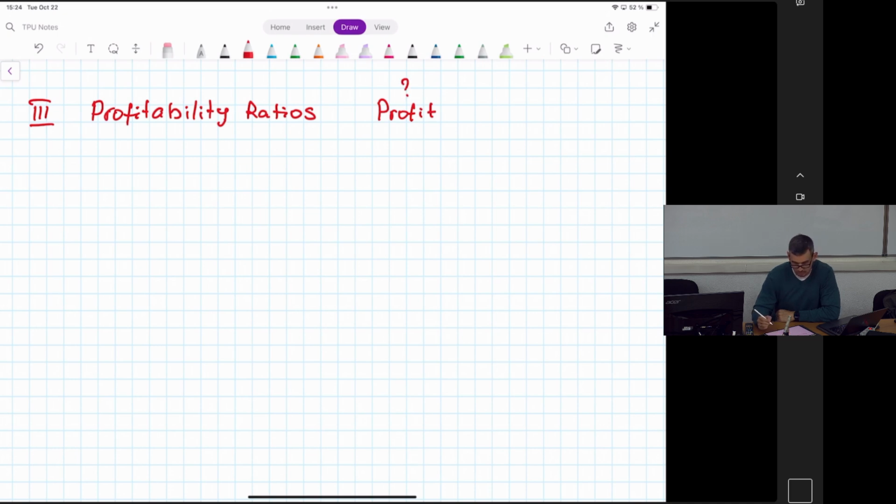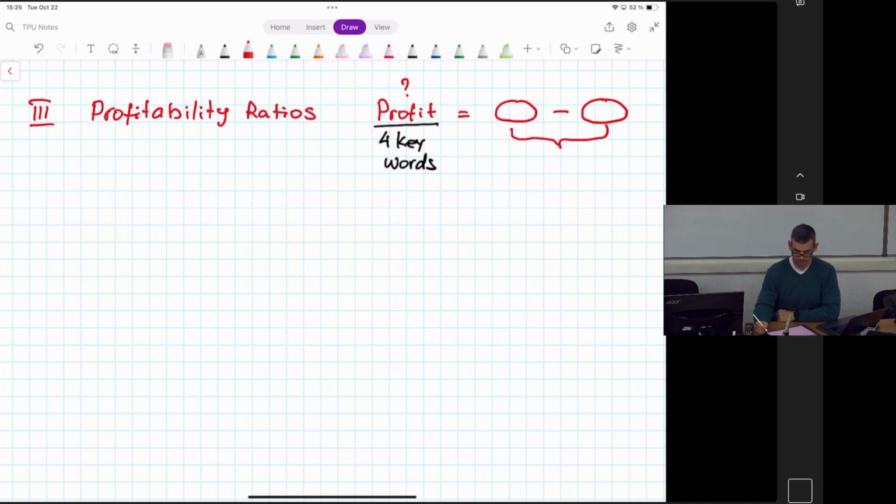In order to understand what profit is, I suggest we use 4 key words to describe profit. So, it's going to look like this. Profit. I'll first draw something and then explain.